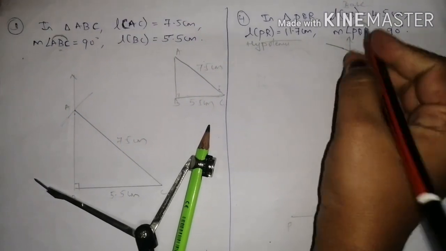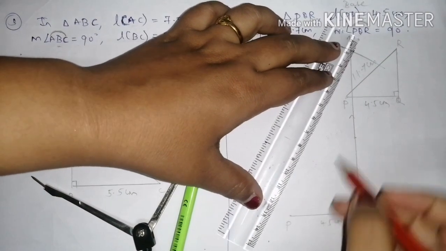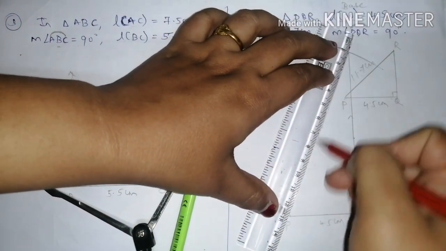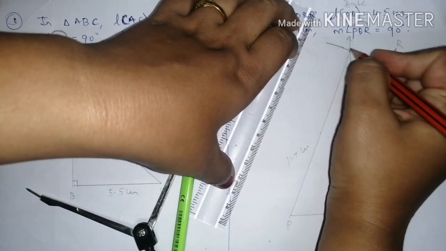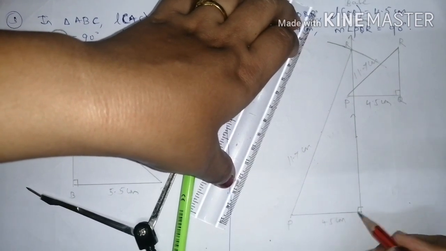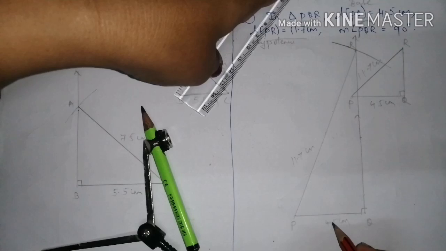Now you can join this. This is your hypotenuse side, 11.7 centimeter PR. This is Q 90, PQ 4.5 centimeter.